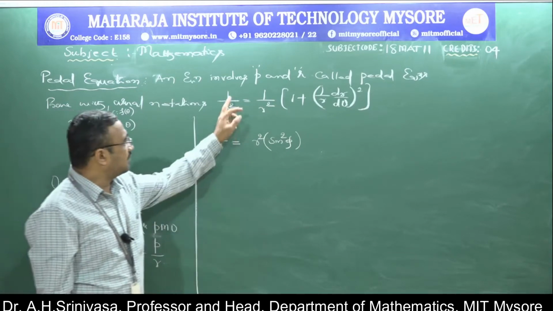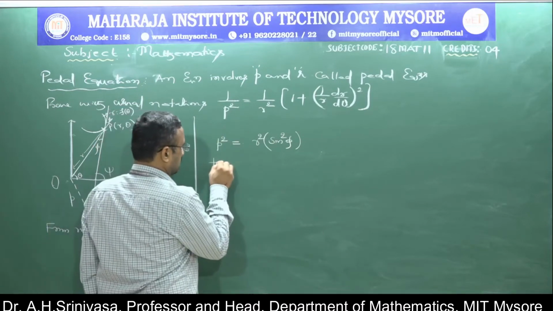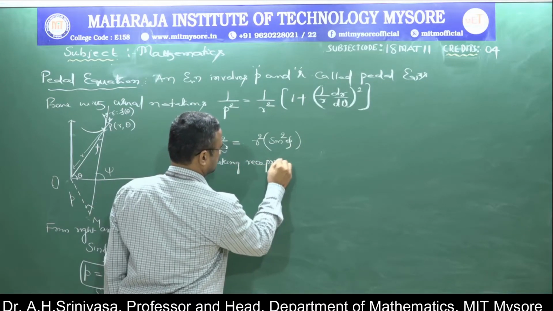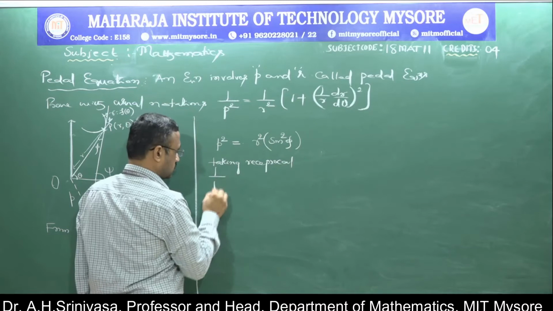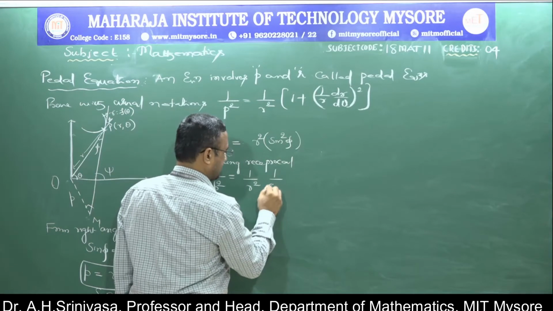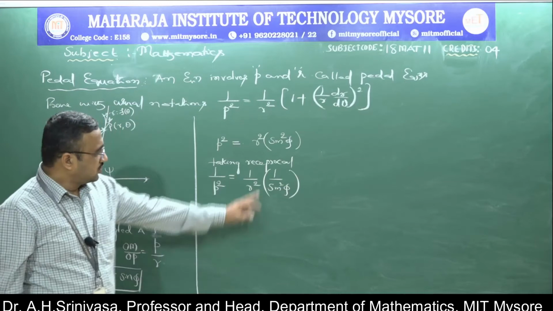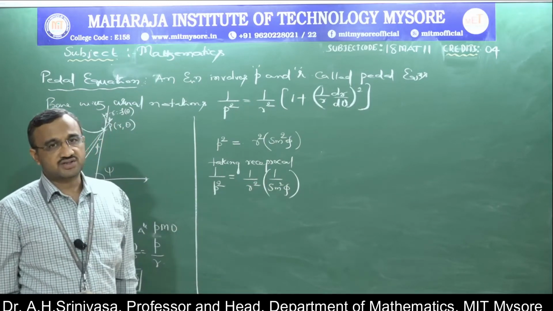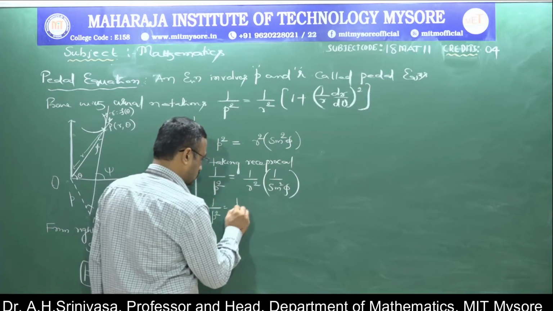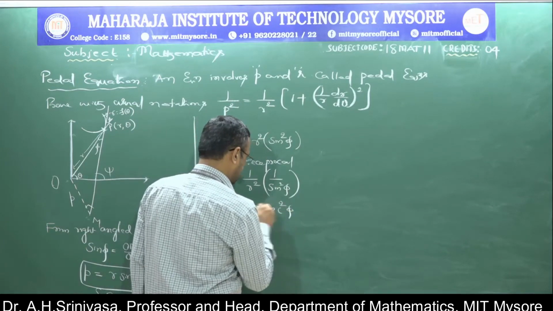Then I want 1 by p, so just take the reciprocal of this function. Taking the reciprocal, 1 by p square equals 1 by r square into 1 by sine square phi. We know that 1 by sine square can simply be written as cosecant square phi. So 1 by p square equals 1 by r square into cosecant square phi.